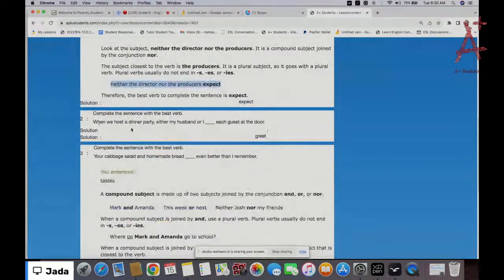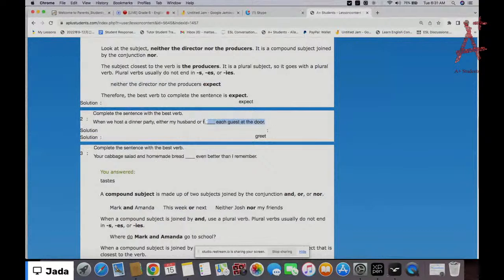When we host a dinner party, neither my husband or I dash each guest at the door. When we host a dinner party, neither my husband or I. So it says my husband or I, dash each guest at the door.